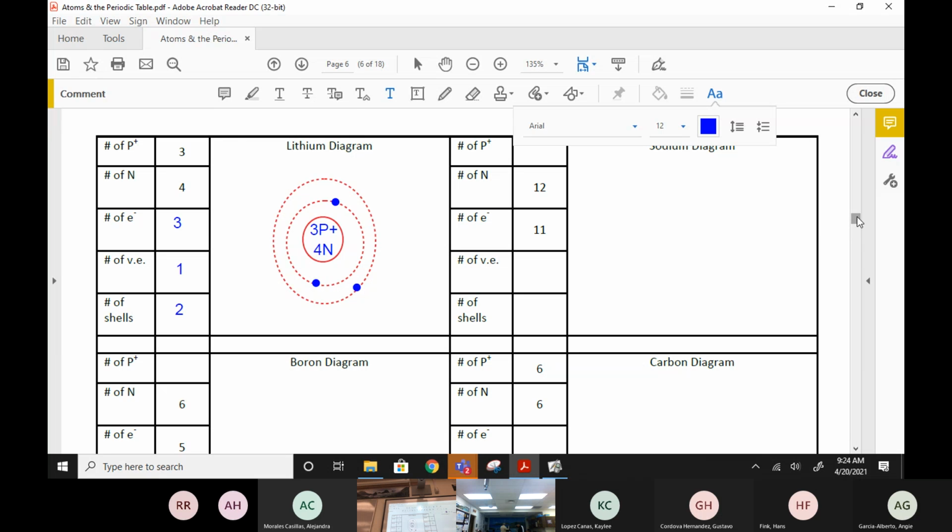How many shells do I have? I have 5 electrons, but there's 2 on the inside, 3 on the outside, which makes how many layers? Only 2 layers. And how many valence electrons? The ones on the outside, 3 on the outside. So how many shells was it? 2, yeah, valence electrons 3. Now you should be able to draw that.